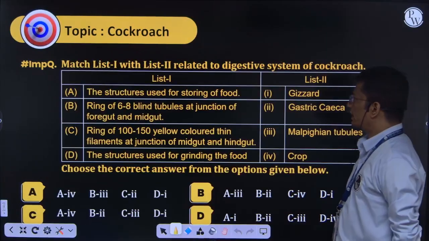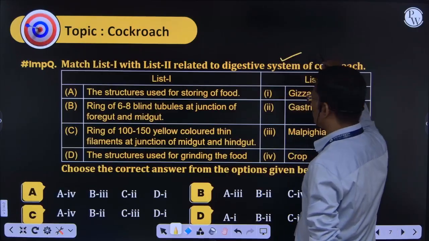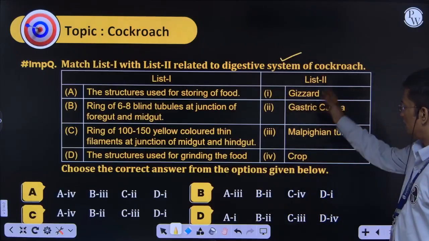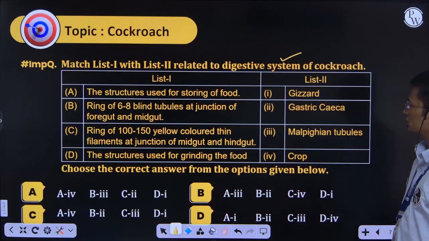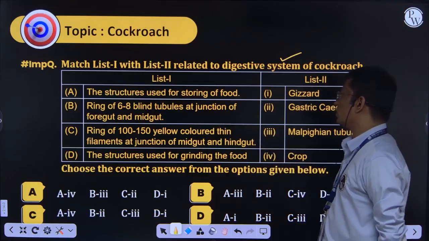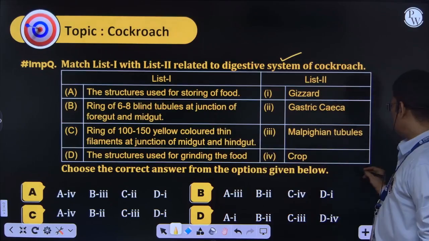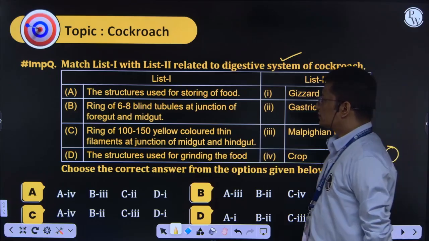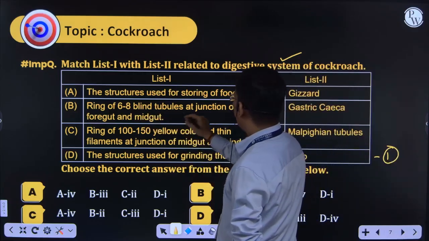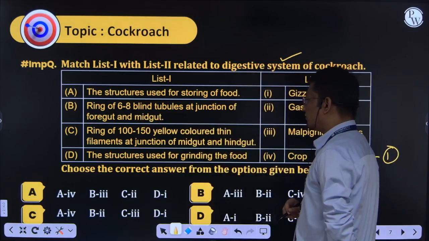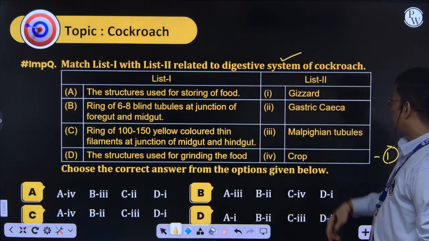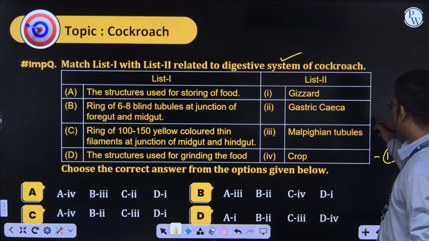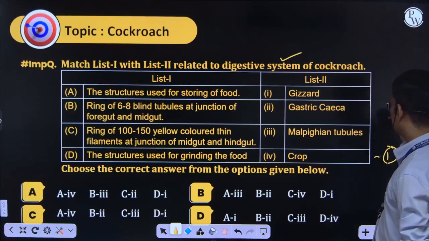Match list 1 and list 2 related to the digestive system of cockroach. So here these are the things related to the digestive system. The structure used for storing the food. Storing the food, we can say crop is used for storing the food. Ring of 6 to 8 blind tubules at the junction of foregut and midgut. Between foregut and midgut, we can see the gastric caecae.